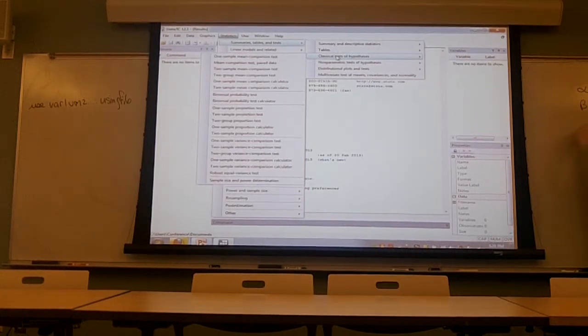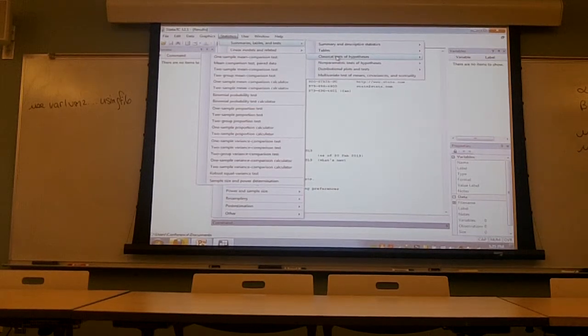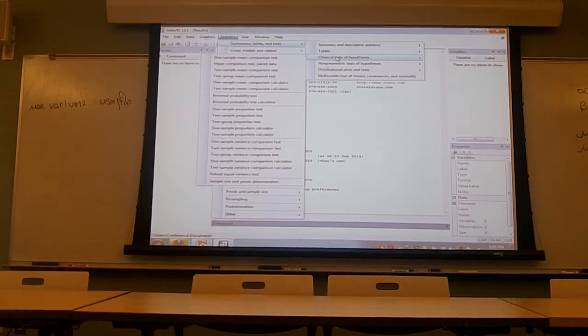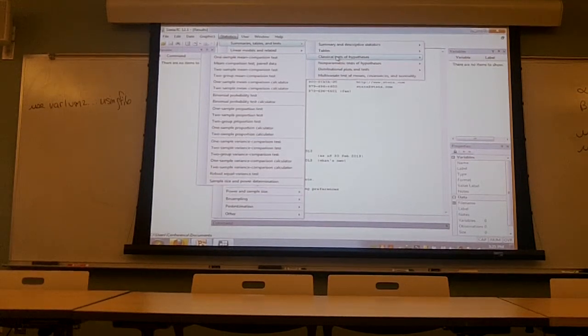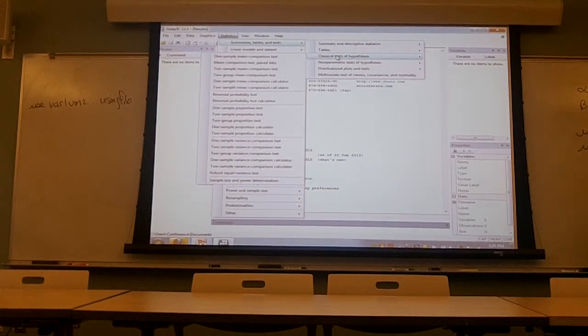The other thing that you're going to need is mu1 and mu2. But I don't have those yet. You don't need to know them, because you have a hypothesized value that says mu1 minus mu2 equals 10.